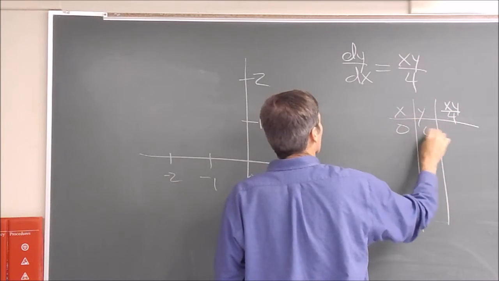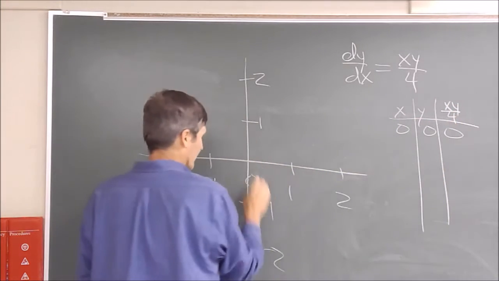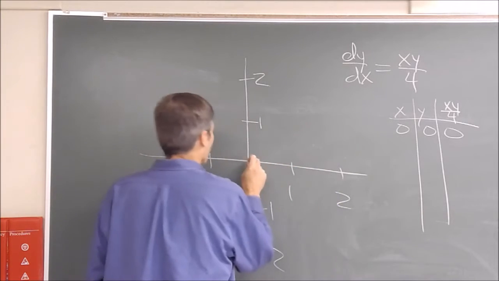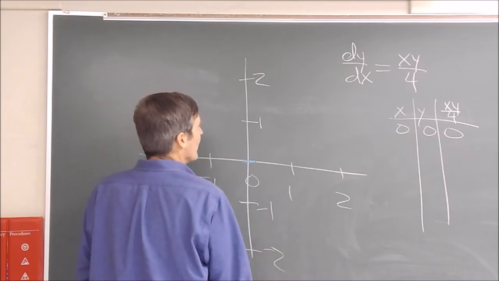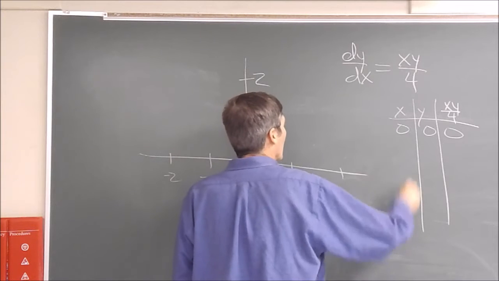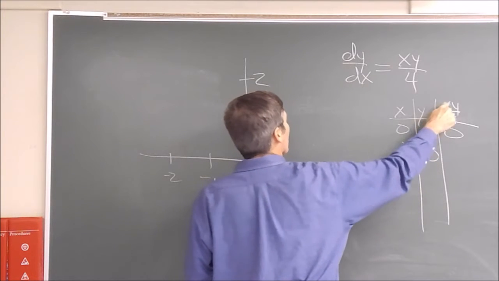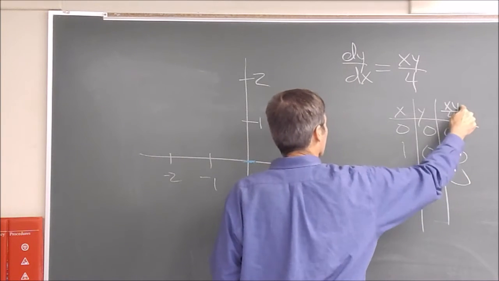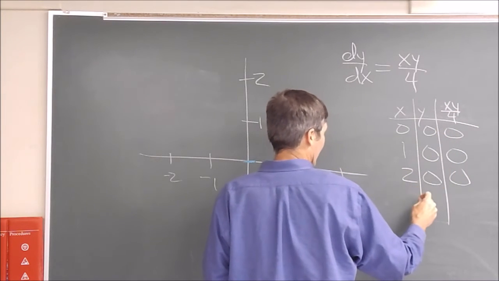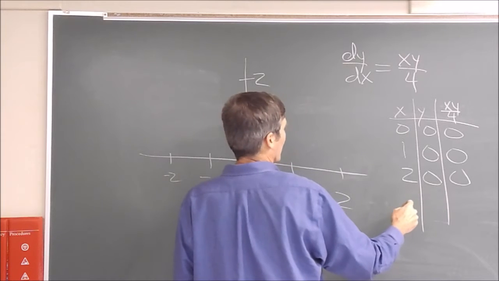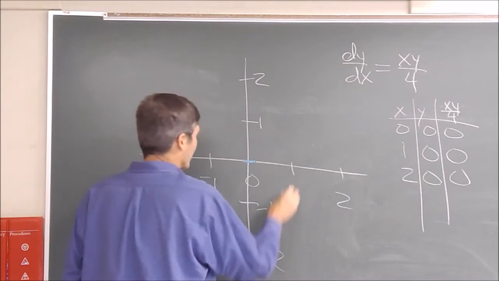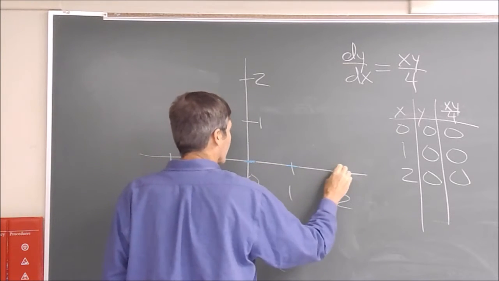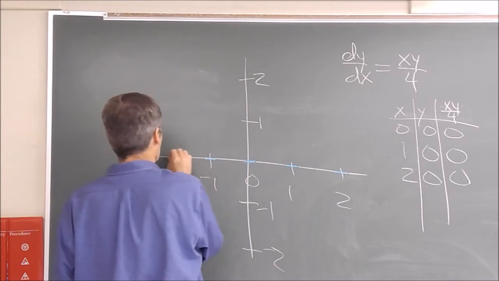So at the point 0, 0, I get slope 0. Right here I draw this little direction field segment. And then at the point 1, 0, I get 1 times 0 over 4, it's still 0. And at 2, 0, it's 2 times 0 over 4. And there's a bunch of other points here that we can plot similarly. We begin to realize that whenever x is 0, xy over 4 will be 0, so we have these direction field segments.